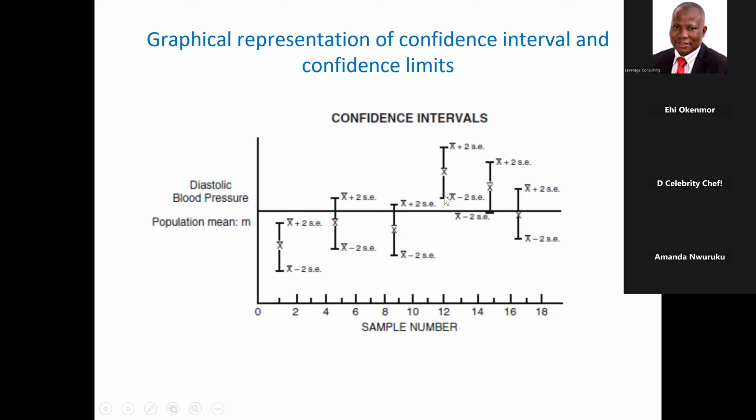Everything is above the population mean. Number 1, everything is below the population mean. It's only numbers 2, 3, 5, and 6 whose ranges include the population mean. They cross that horizontal line. Is it clear now?